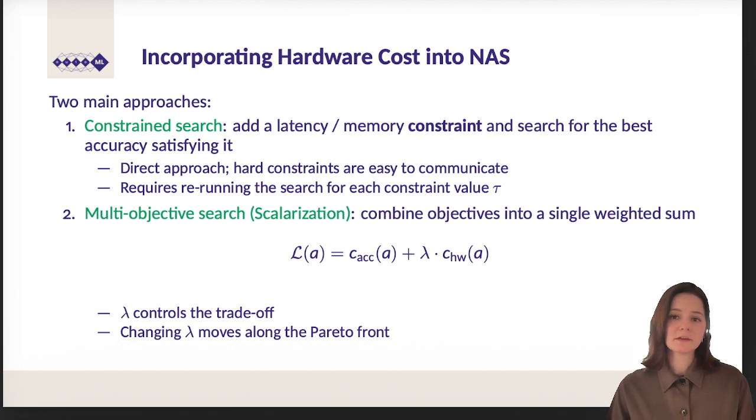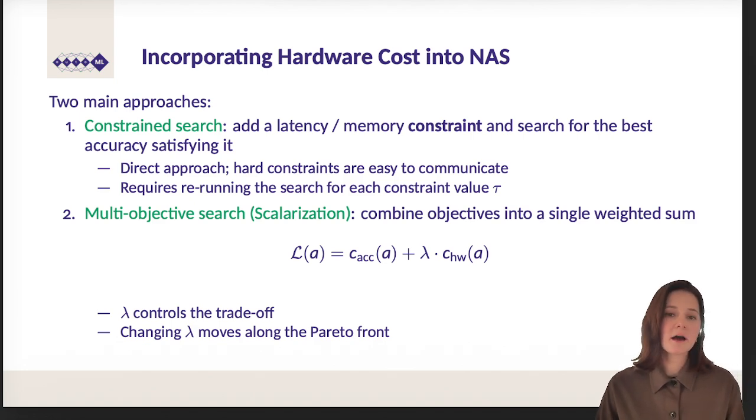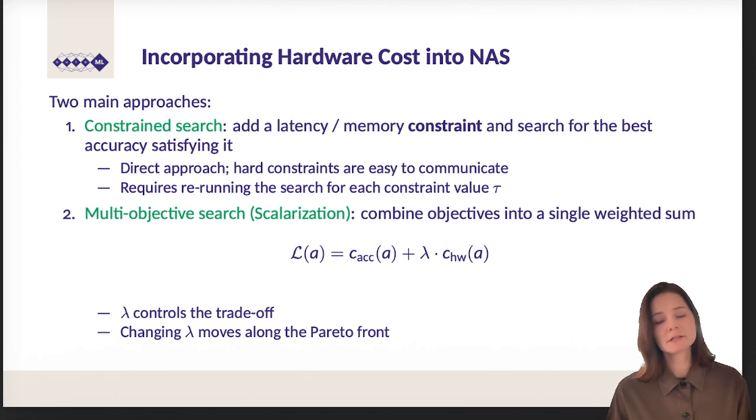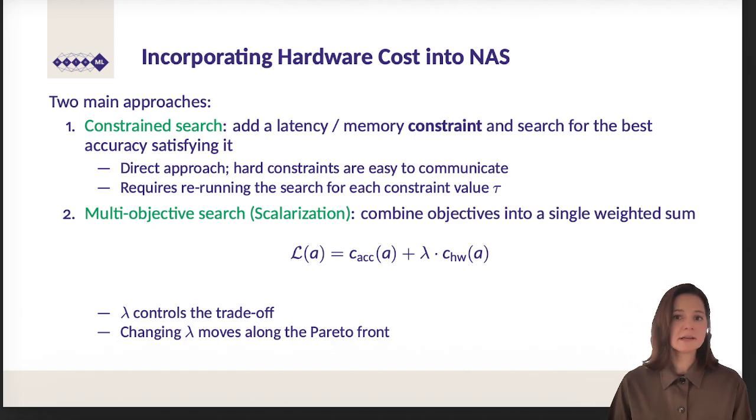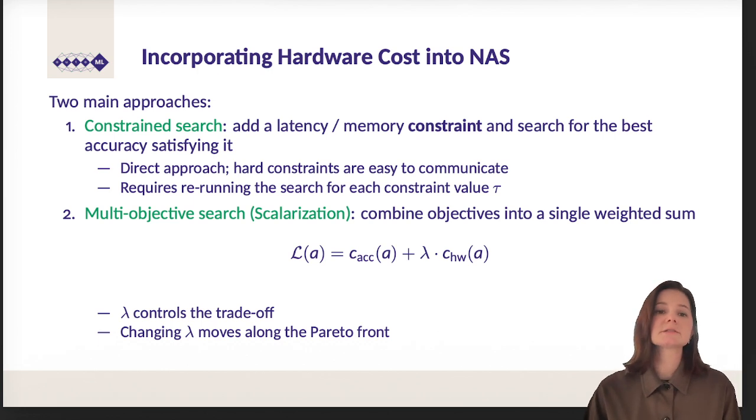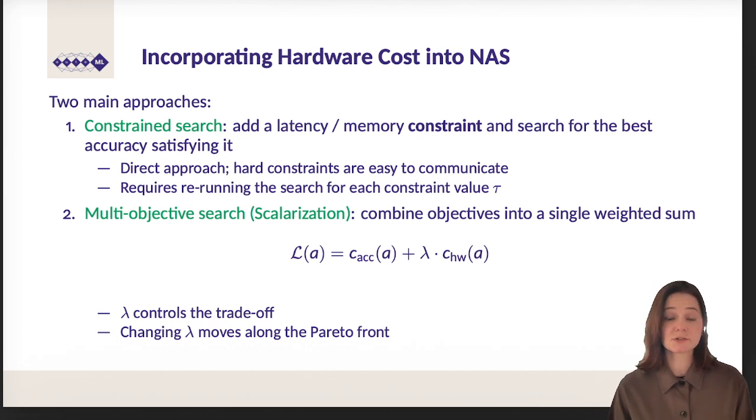And we have a weighted sum, so we have the cost of the architecture plus a parameter lambda times the cost of the hardware of this architecture A, for example, a latency or memory cost. And the lambda controls the trade-off. So how much do I actually want to weigh both things together?